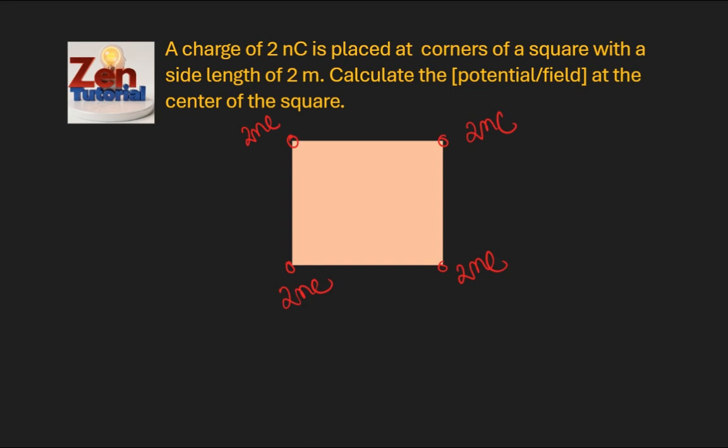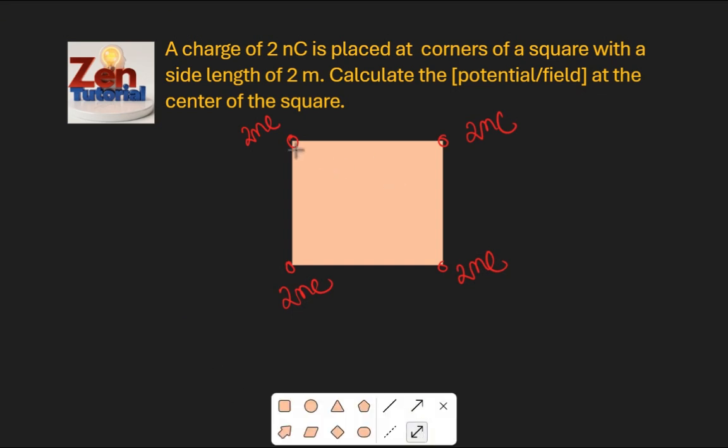And the corners of the square, these two corners are similar. And another piece of information which is very important to solve this problem is that the side of the square is 2 meter each. So this is also 2, this is also 2, this is also 2, right?